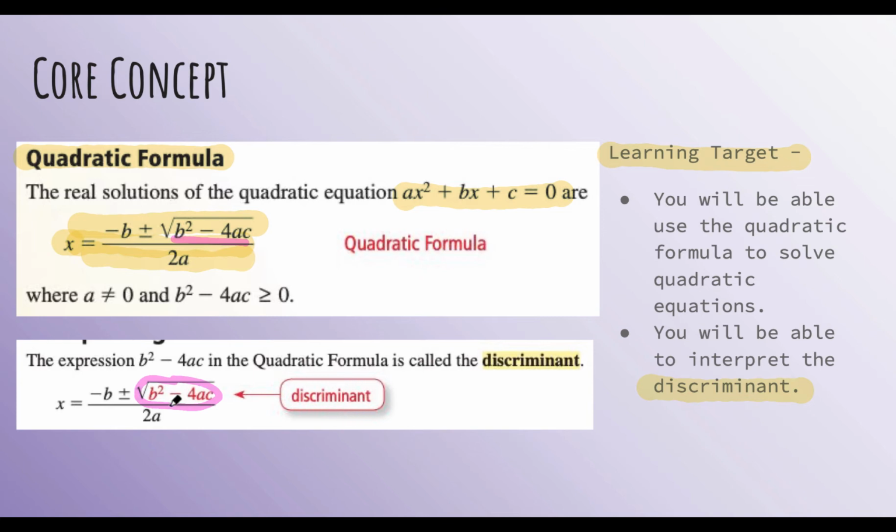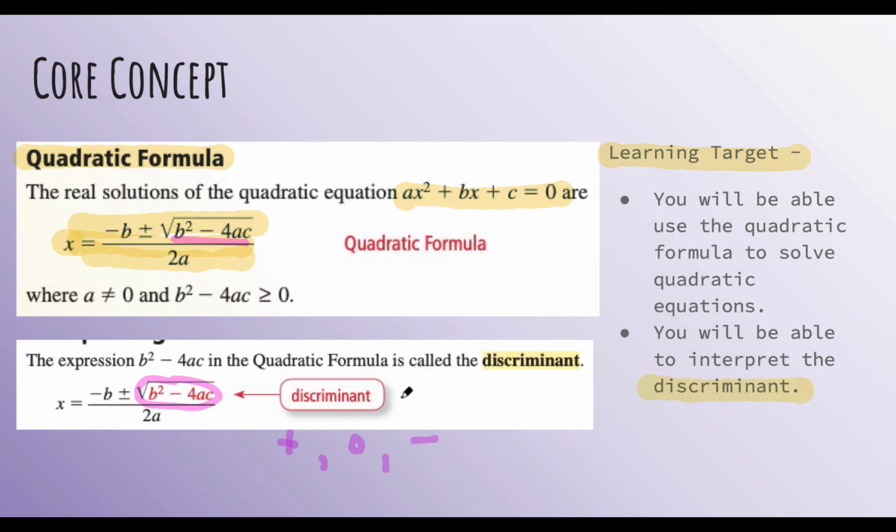Whether the value of the discriminant is positive, 0, or negative will indicate the number of solutions for our quadratic equation. We'll look at this in a moment. I just wanted to point out that this portion is called the discriminant, and we'll talk about it as we go through one of our examples.